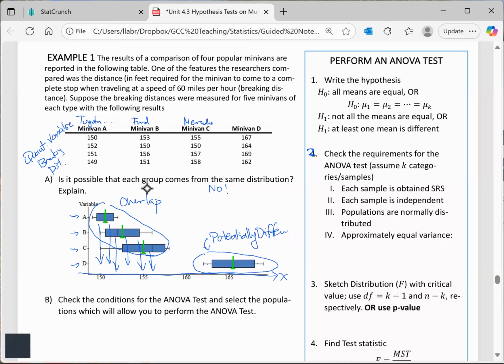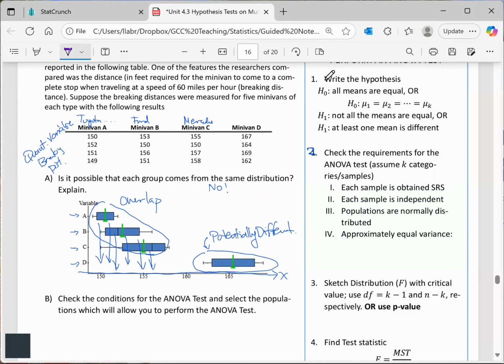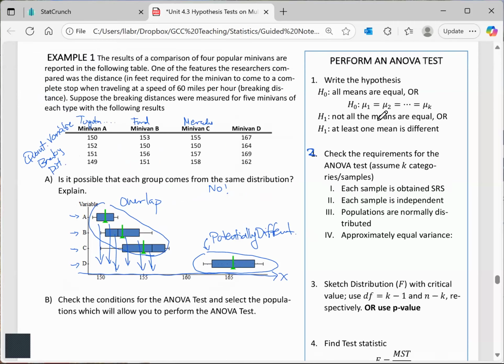All right, so let's go through all of the requirements here and carry out this procedure. I already have an idea of what should happen, so let me start with number 1, which is to write out the hypothesis. Always write out the hypothesis. My null hypothesis is that all means are equal.